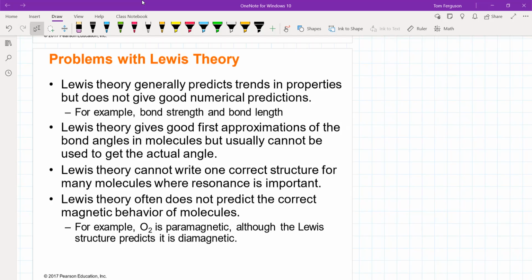For example, why is iron magnetic and some of these others not? If you look at the electronic configuration of iron, you've got a lot of unpaired electrons. Remember, those have spins.